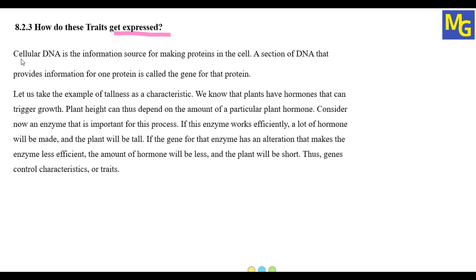Now, cellular DNA is the information source for making protein in the cell. So remember always, whatever DNA is present in the nucleus of the cell is the information source for making a protein. It will give the information to make a particular protein. Then a section of DNA that provides the information for one protein is called the gene for that protein.